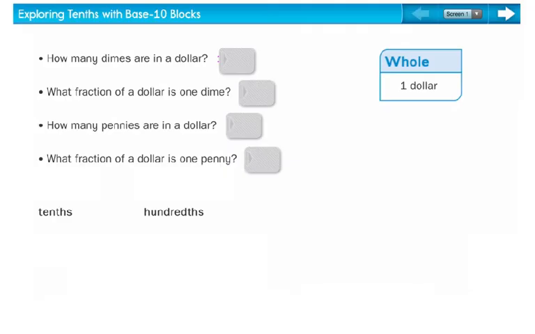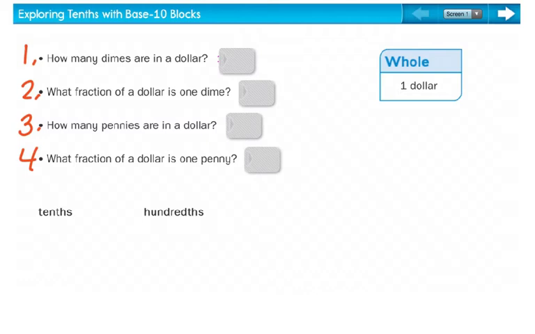Go ahead and erase. And I would like you to go ahead and number 1, 2, 3, and 4. We're going to think in terms of money for a few minutes. For number 1, how many dimes are in a dollar? So if I had a dollar bill and I wanted to collect coins, which there happens to be a shortage of right now, how many dimes would I get for that dollar?